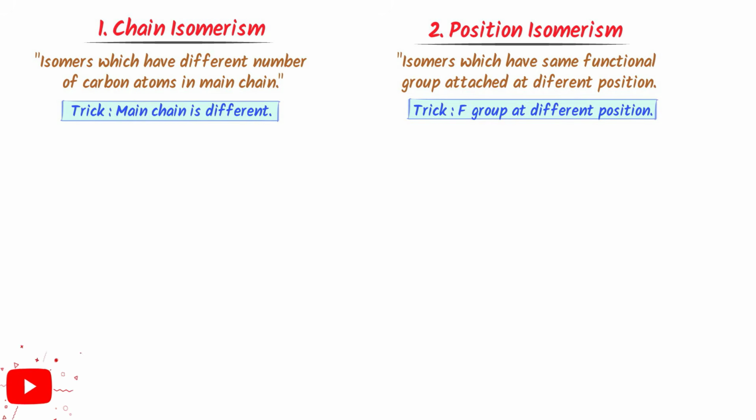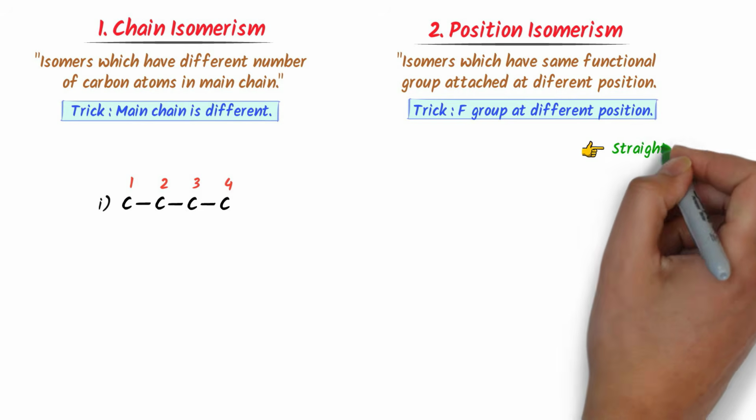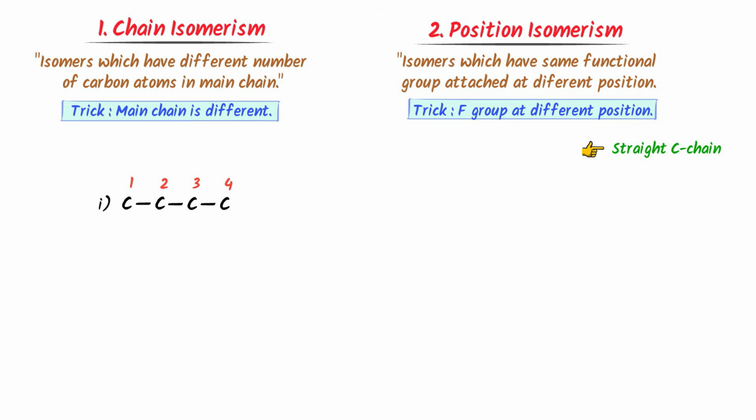For example, consider butane. We can see that there are 4 carbon atoms present in the main chain. Remember that if the carbon chain is straight, we call it n-chain. So this is n-butane. Now I will cut this carbon from the main chain and attach it at the second position.